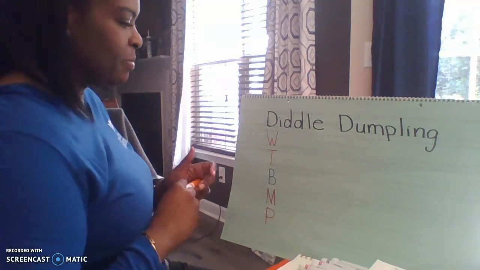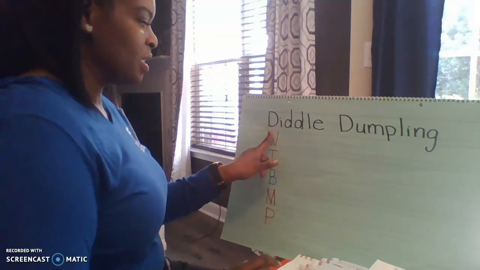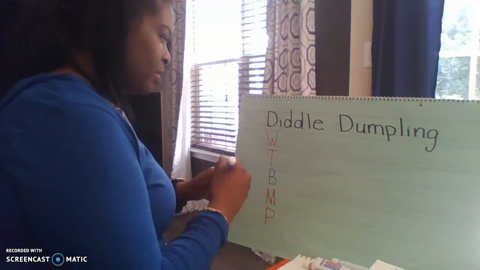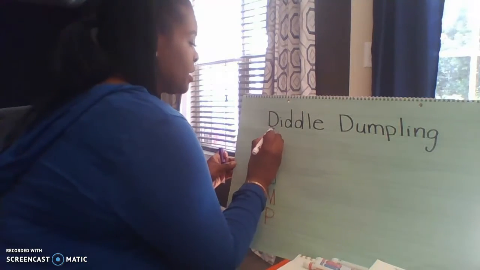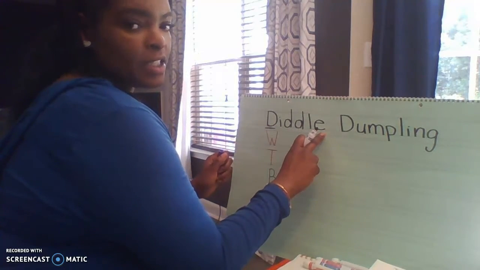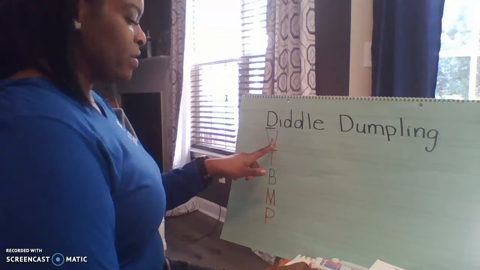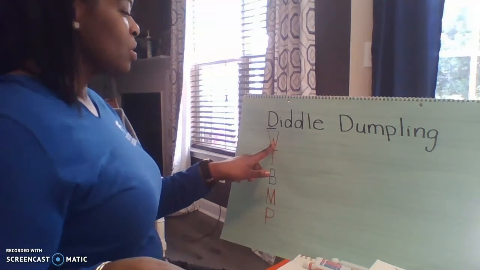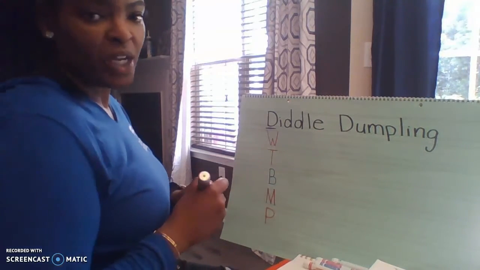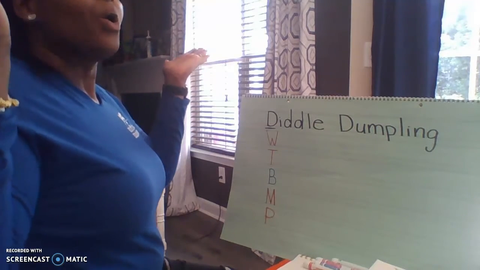So let's put the ending sound. This is the beginning sound up here. I'm going to underline the beginning sound. Diddle. And this is the ending sound. Iddle. Okay? So if I put iddle to this W, what is it going to say? Whittle.